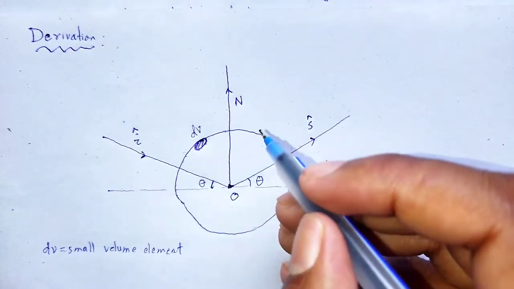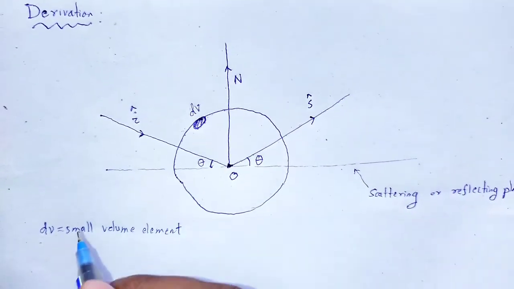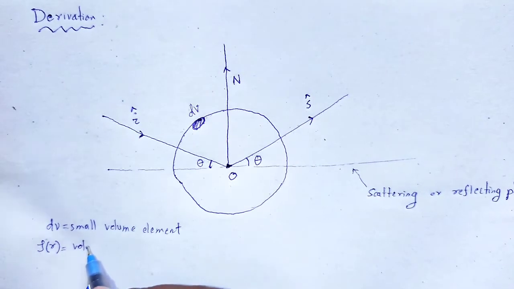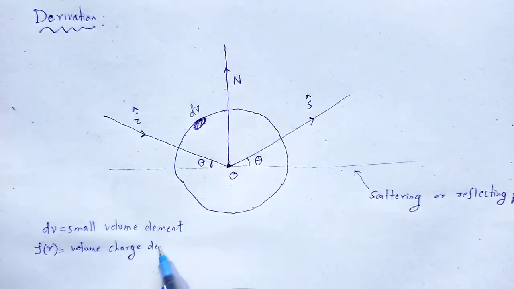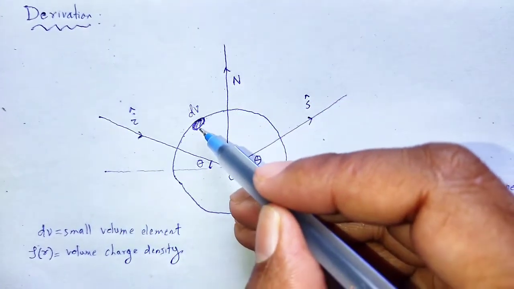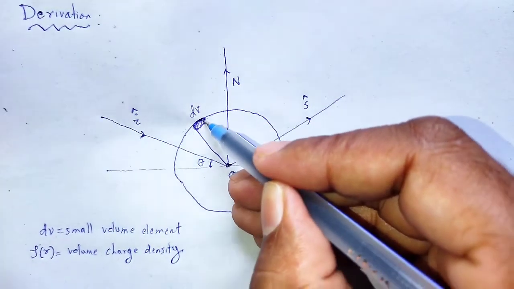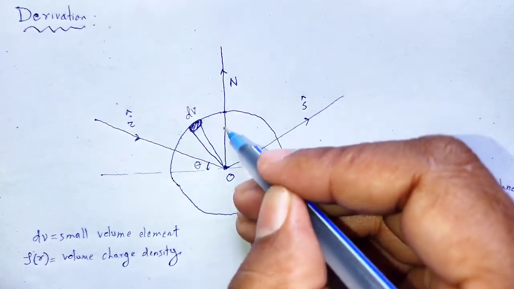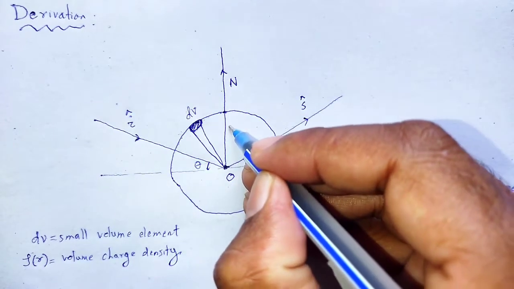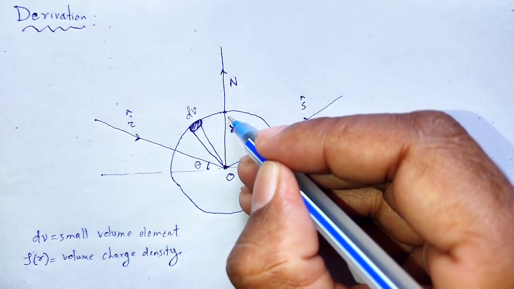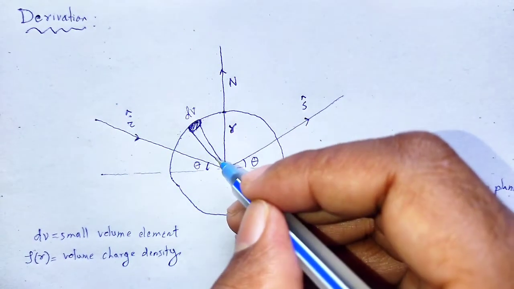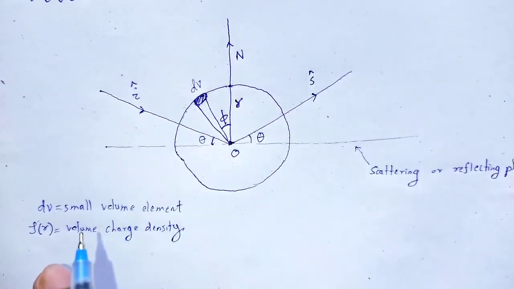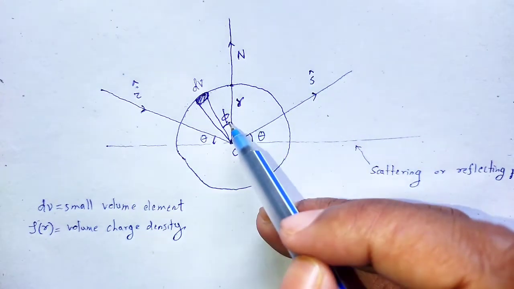In that small volume element, we consider the volume charge density rho r, and its position at radius r, and it creates an angle phi to the normal. So the position of that small volume element is at r, phi.